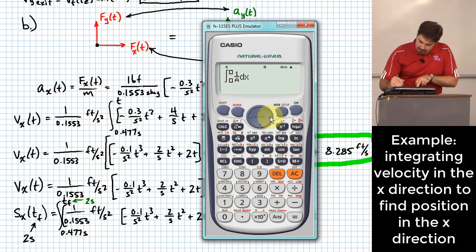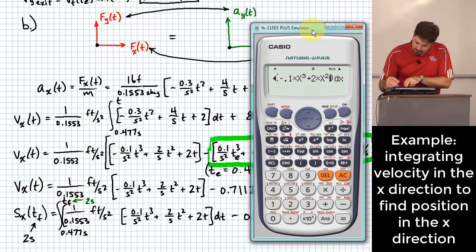That gets multiplied by negative 0.1 x cubed plus 2 x squared plus 2 x.